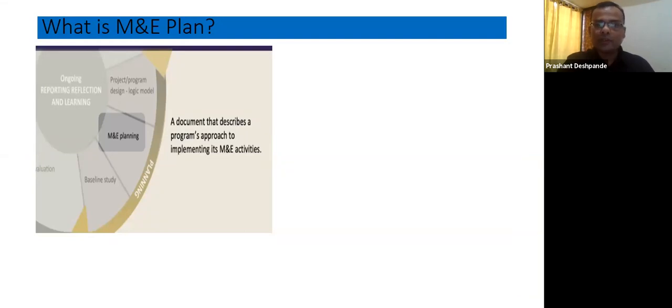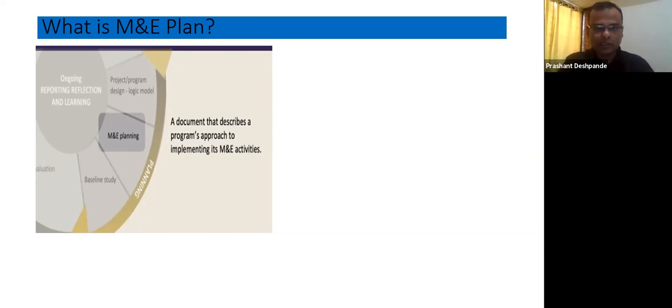It is a document which provides an approach for implementing monitoring and evaluation activities. It will show whether we are progressing towards our objectives or not. So it is a stepwise approach.